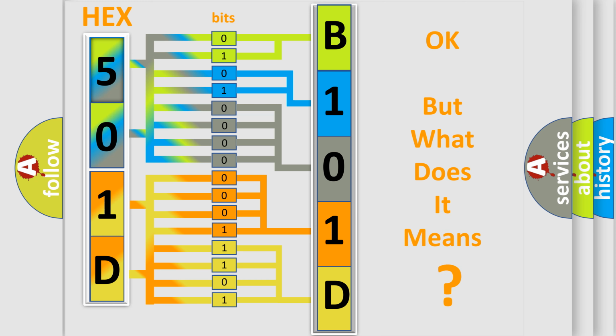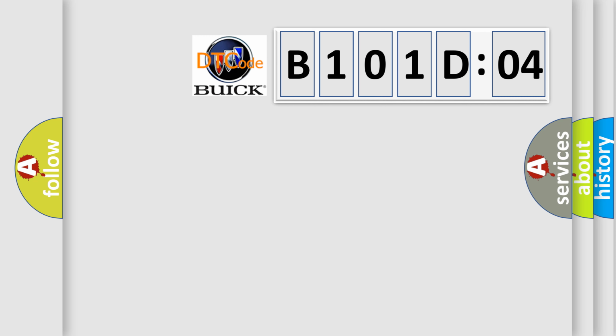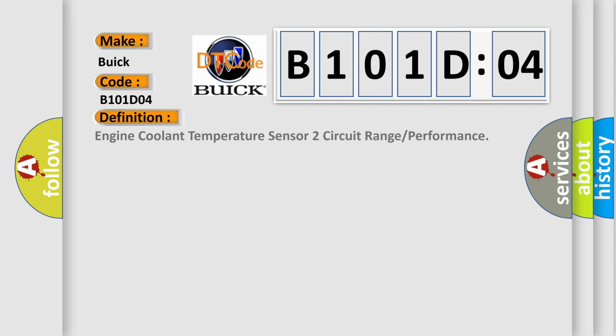The number itself does not make sense to us if we cannot assign information to what it actually expresses. So, what does the Diagnostic Trouble Code B101D-04 interpret specifically for Buick car manufacturers? The basic definition is engine coolant temperature sensor 2 circuit range or performance.